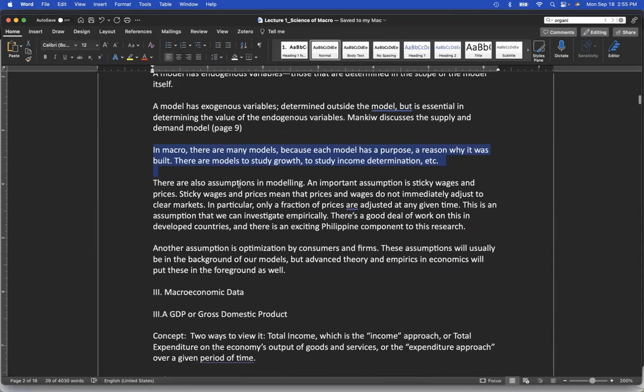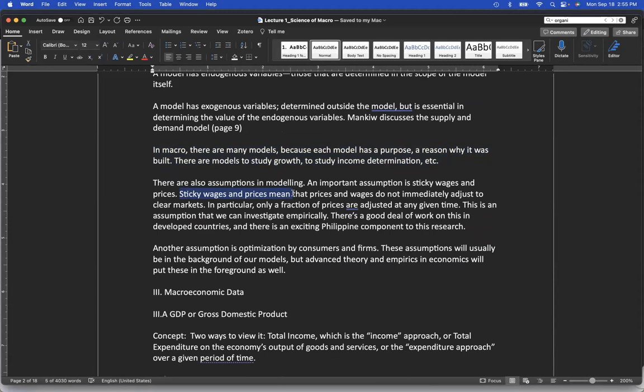Okay, so there are also some assumptions in modeling. Some crucial assumptions in the models that we'll be dealing with are sticky wages and sticky prices. Sticky wages and sticky prices mean that prices and wages do not adjust immediately to clear markets. We were just talking about the price and the quantity demanded and supplied for pizzas.